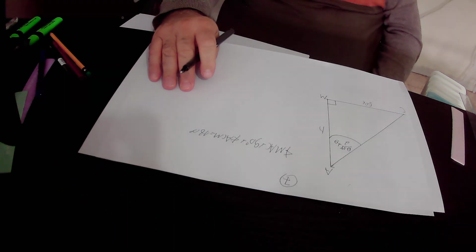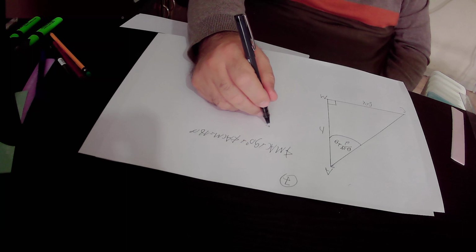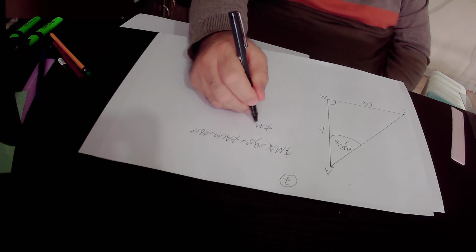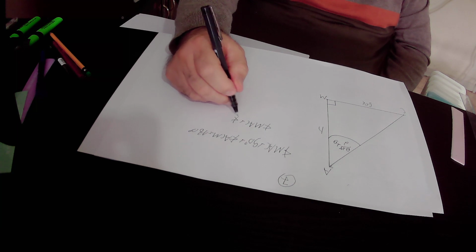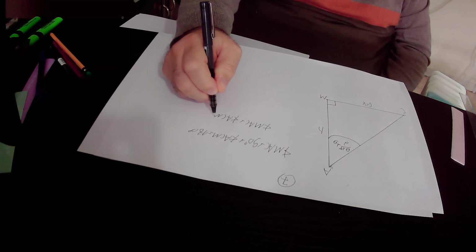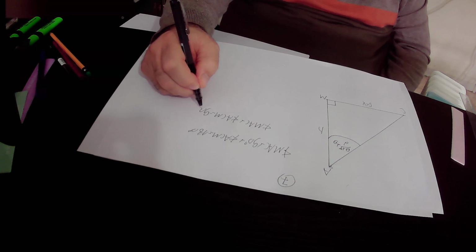Here we subtract 90 degrees from this equation, and we get that angle MAC plus angle ACM equals 180 degrees minus 90 degrees, which is 90 degrees.